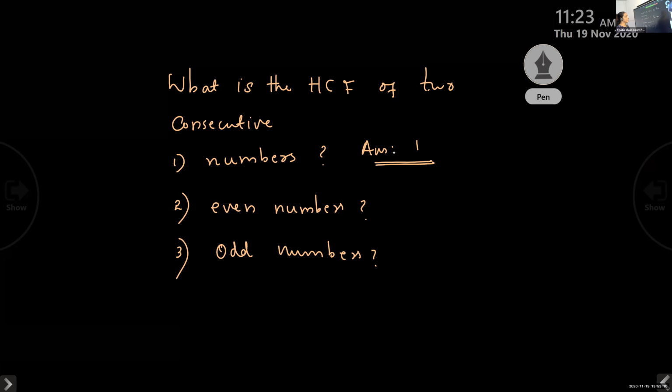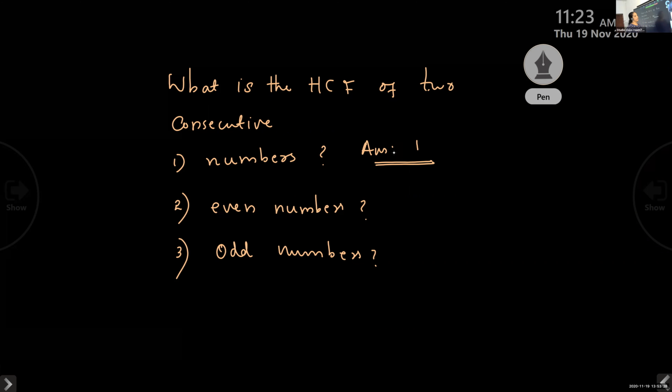Which is the HCF? HCF is the highest common factor. 1 is a factor of all the numbers, right? Yes, ma'am. So, which is the common factor of consecutive natural numbers? It is 1.